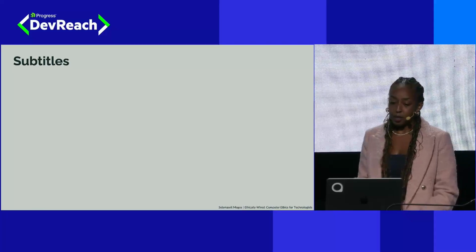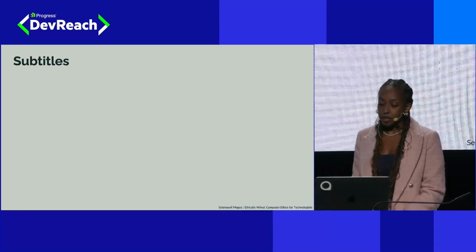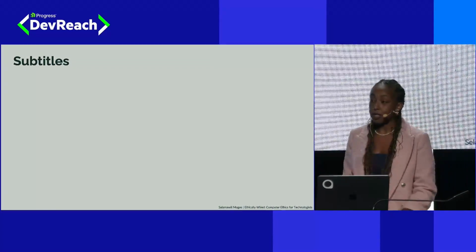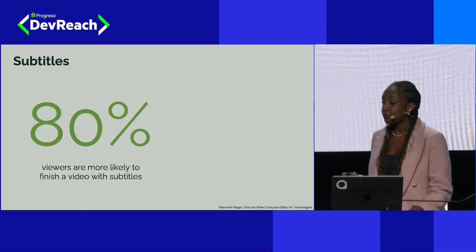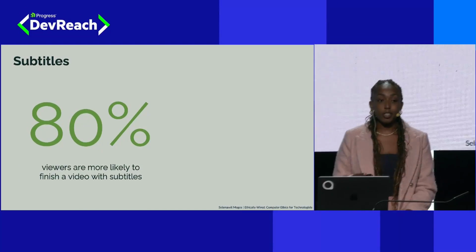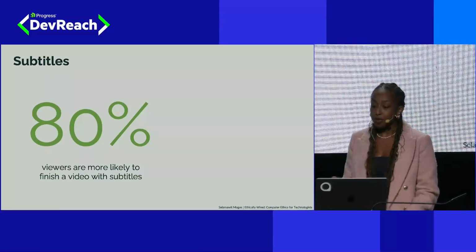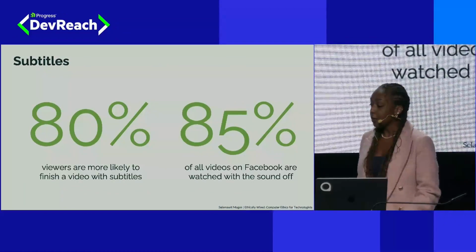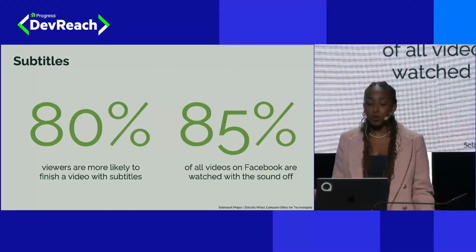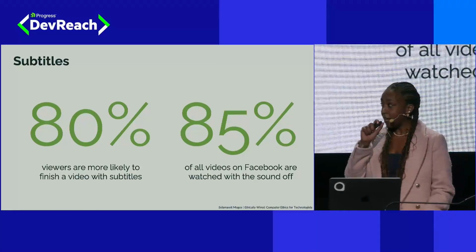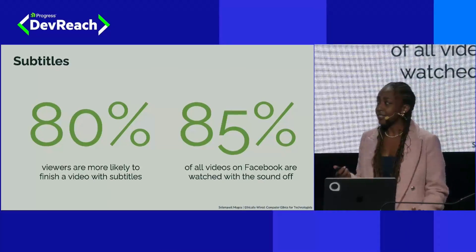And when we look at the numbers, a joint study from Verizon and Publicis Media noted that 80% of viewers are more likely to finish a video when there are subtitles. And then on top of that, 85% of all videos on Facebook are watched with the sound off. Now, why is this the case?